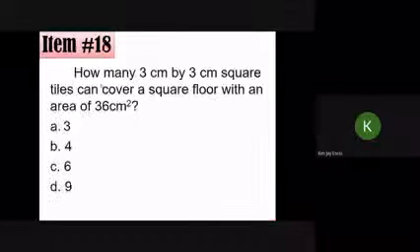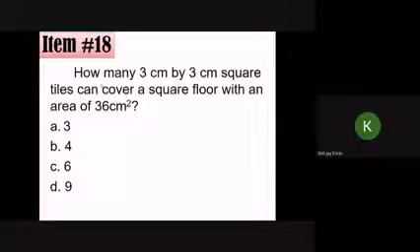Okay. Number 18. How many 3 cm by 3 cm square tiles can cover a square floor with an area of 36 square centimeters? 3, 4, 6, or 9 tiles?